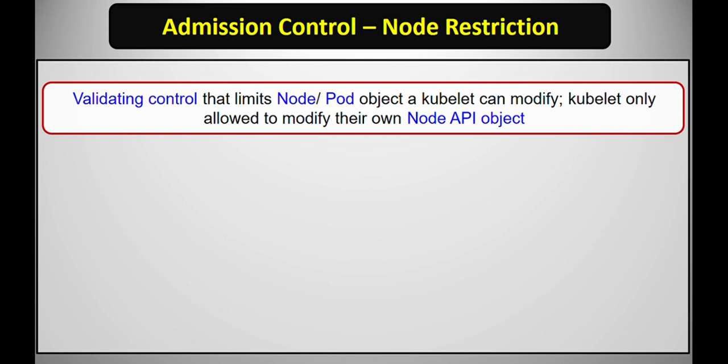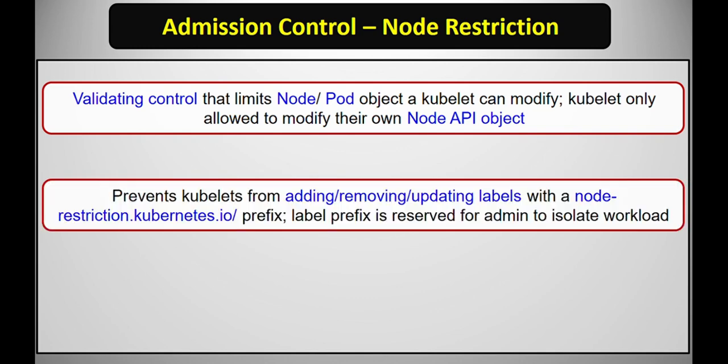Now moving forward, after configuring authentication and authorization, we move towards admission control. We will take NodeRestriction admission control as an example, which is a validating control that limits node or pod objects a kubelet can modify and restricts kubelets to only modify their own Node API objects. It prevents kubelets from adding, removing, or updating labels with the node-restriction.kubernetes.io/ prefix.